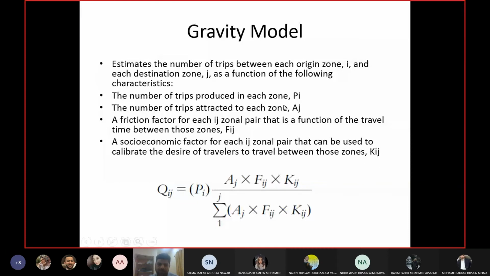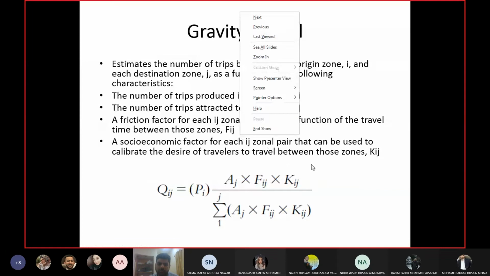So from each zone, you will have trips produced, which is Pi. For each zone, you will have trips attracted, which is Aj. Between each two zones, you will have a friction factor coming from travel time, the inverse of travel time, Fij. And between each two zones, you will have a socio-economic calibration factor, which is represented as Kij.